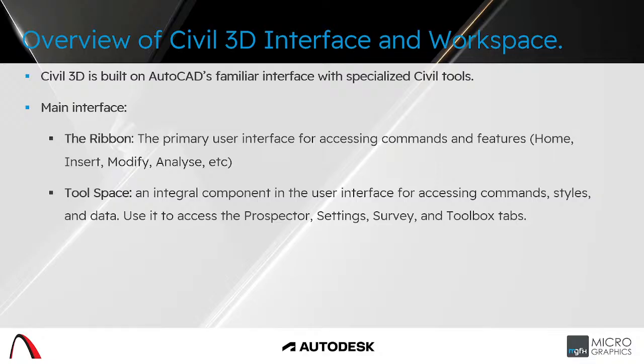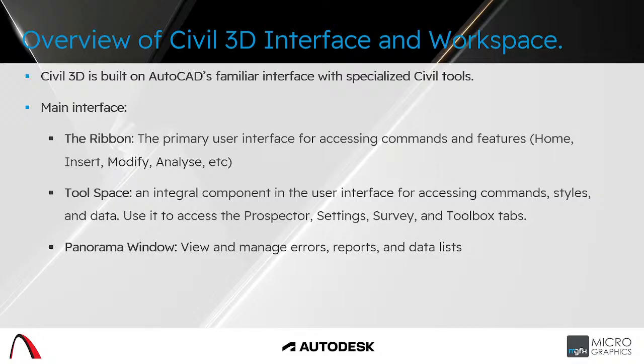You can use it to access the Prospector, as well as the Settings, Survey and Toolbox tabs. These tabs form part of the drawing as well as the data that is within the drawing in Civil 3D. We will then see what the tool space has and how one would navigate through it within the Civil 3D space.